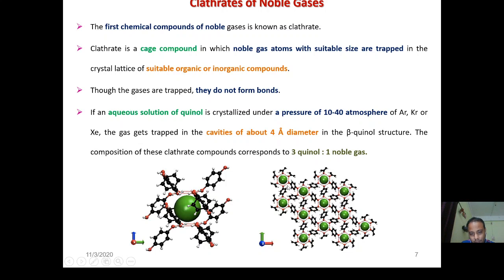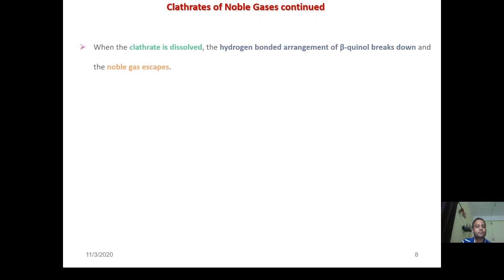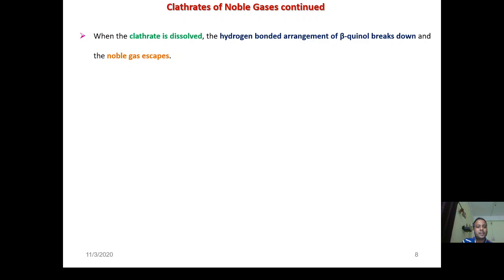Now if I somehow break this hydrogen bonding, then what will happen? The stability of the clathrate will be very low. When the clathrate is dissolved, the hydrogen bond arrangement of beta quinol breaks down. The noble gas escapes. That means it is unstable if it is dissolved.